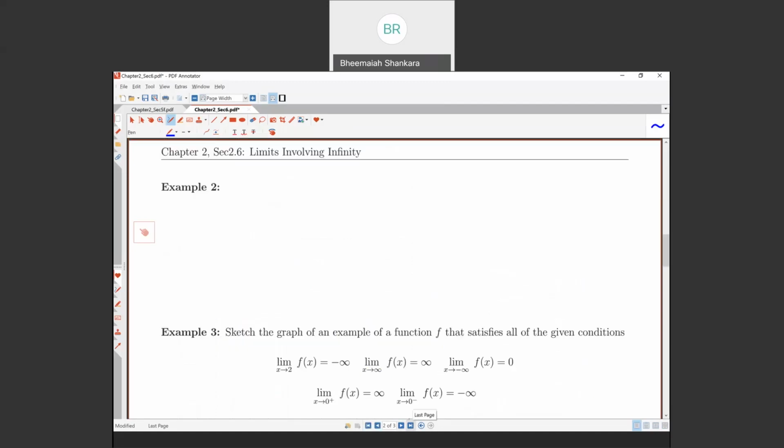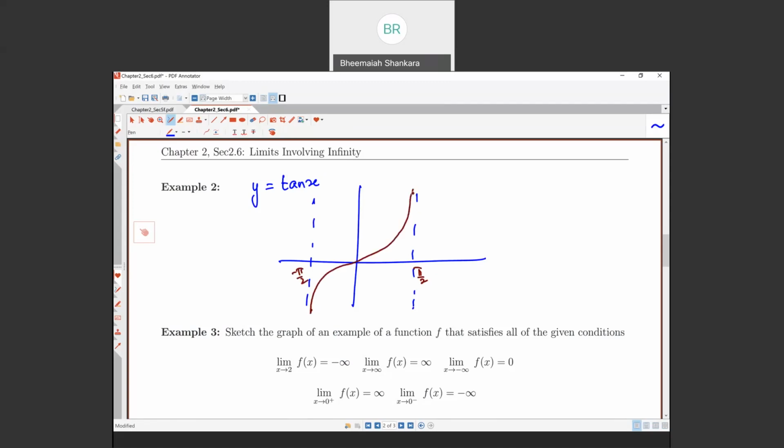In the next example, you have an empty space. I want you to draw the graph of y equals tangent x. First draw two vertical asymptotes at negative pi over 2 and pi over 2, and then draw the tangent x graph.